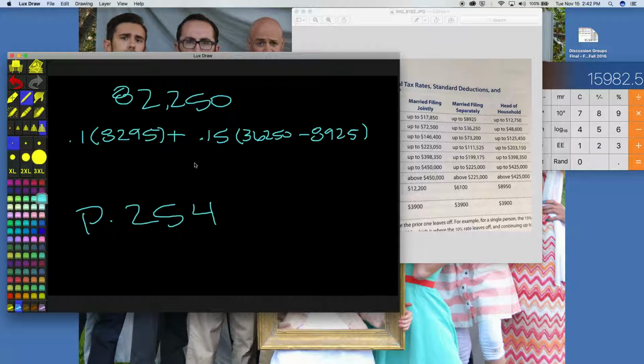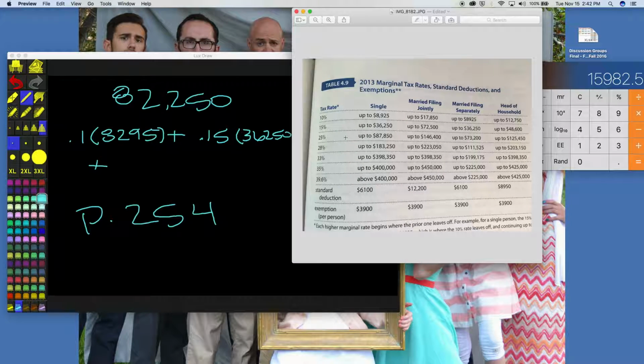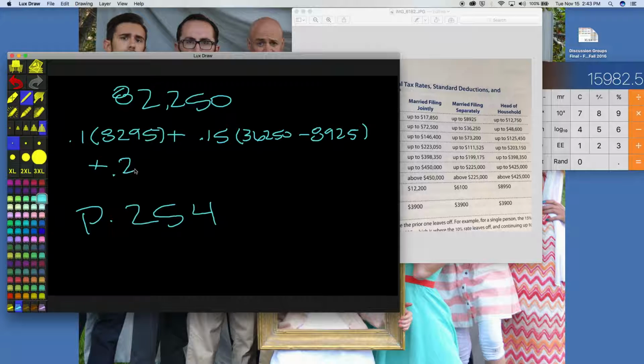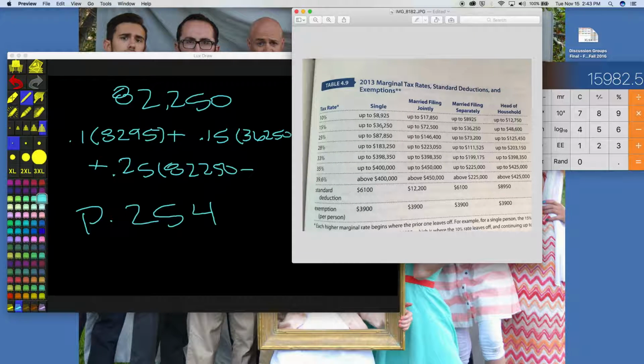Then it goes up to 87,850. We're not above that, so I don't have to go into the 28%. But I'm going to take his income, not 87,850, but his income, which is going to be 0.25 times 82,250 minus this number that I already did, 36,250.